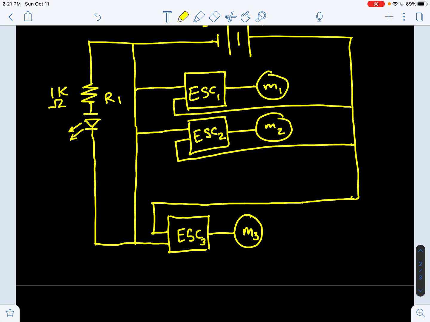We have a receiver, which connects. We have jumpers to our receiver.